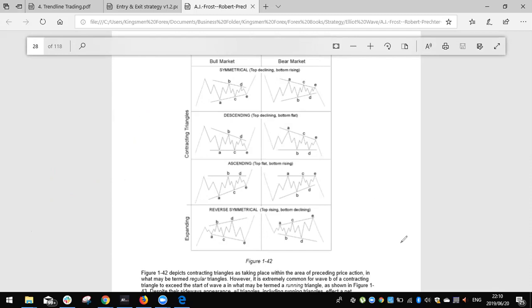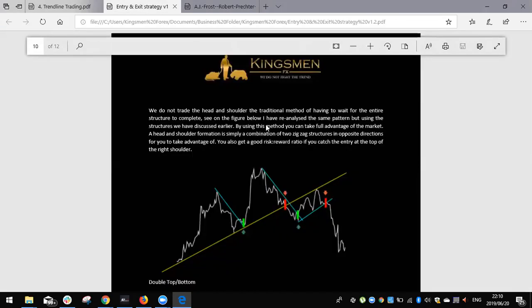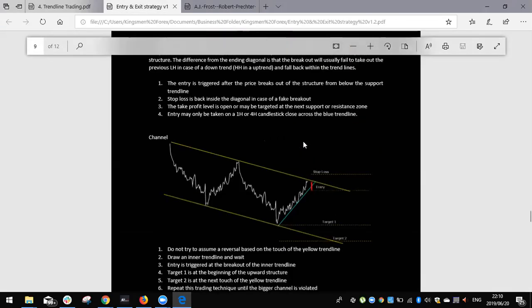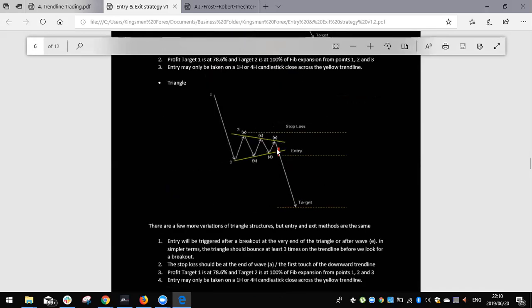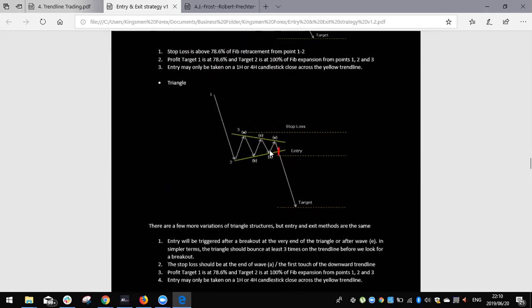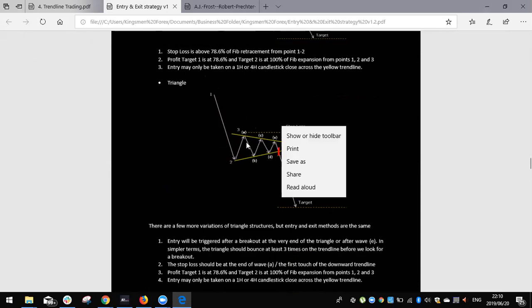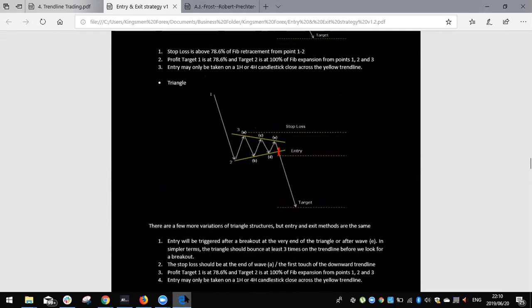I also have it in this document. The thing with triangles is they usually contract. When they're making their last wave, it's too narrow for you to draw anything.